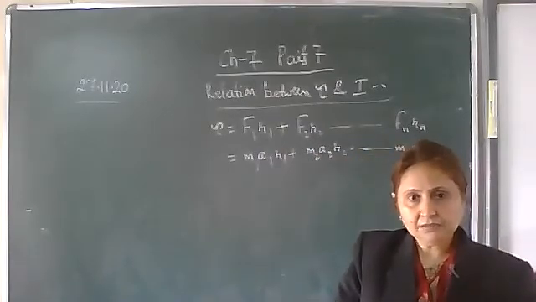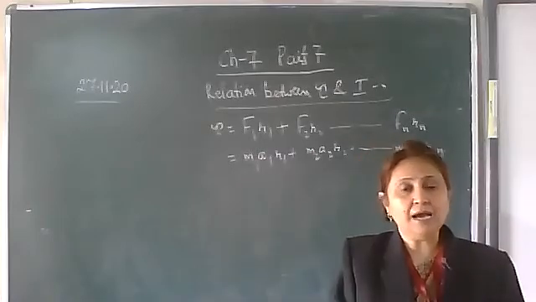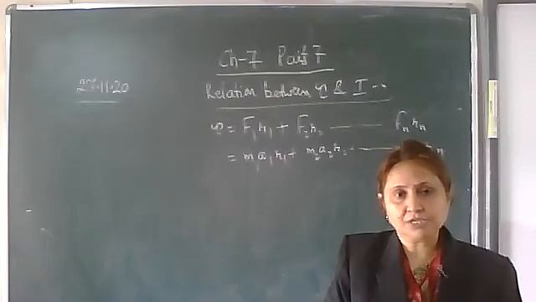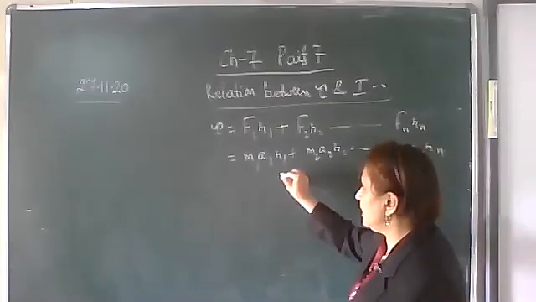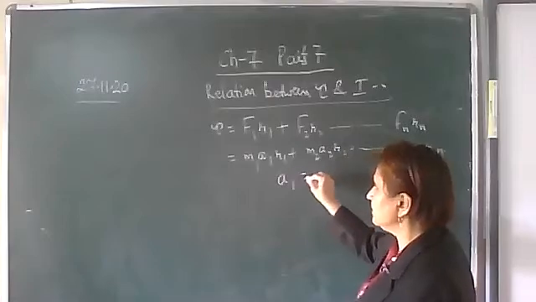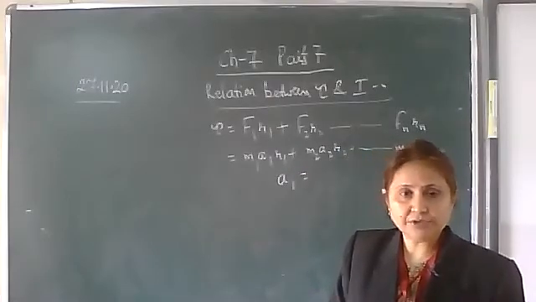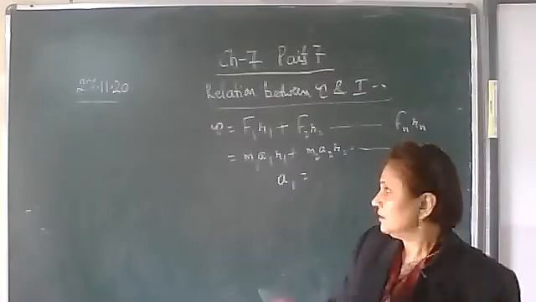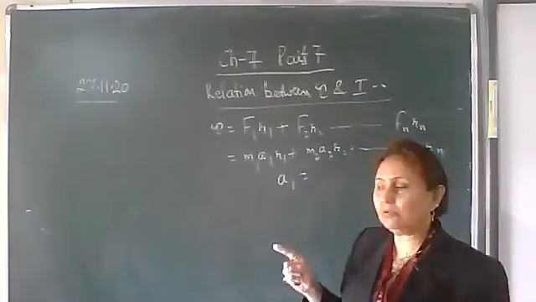Each particle will have a linear acceleration which is related to the angular acceleration. In uniform circular motion, we have already studied how linear acceleration is related to angular acceleration: a is equal to r into alpha, the perpendicular distance into the angular acceleration.